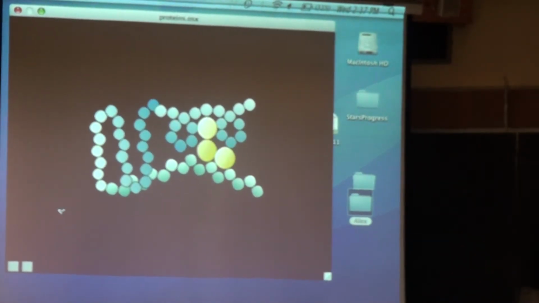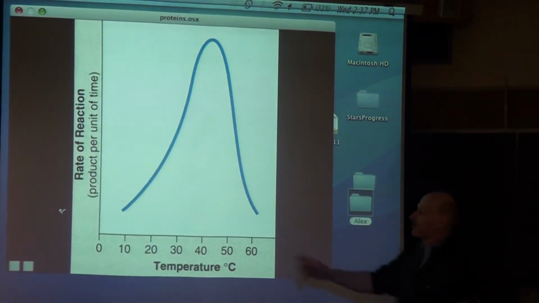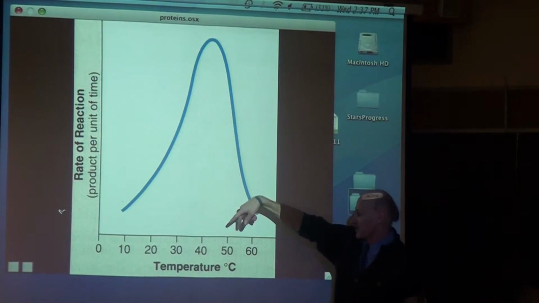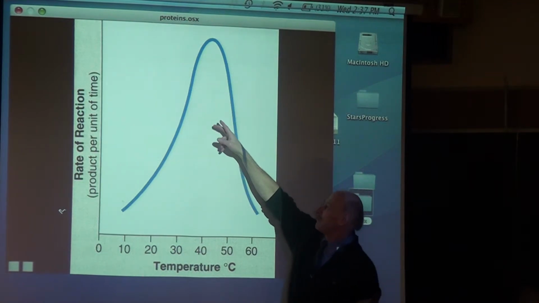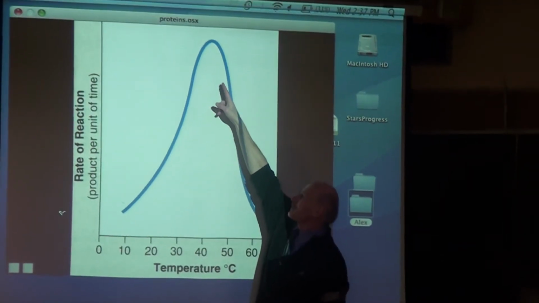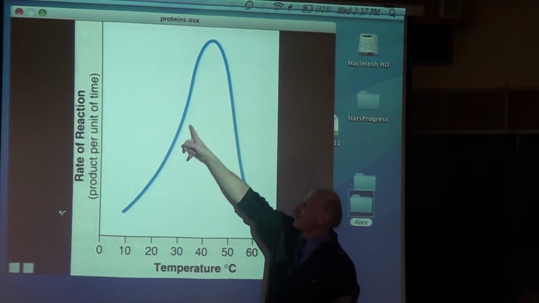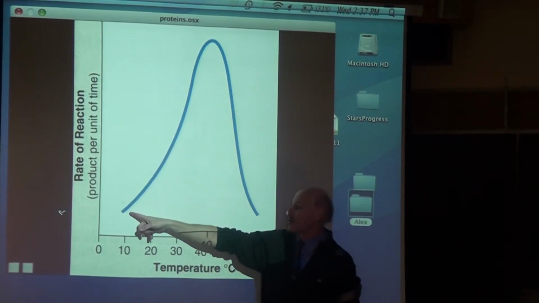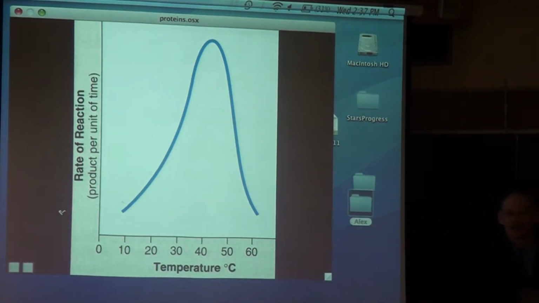Here's a graph showing for a particular enzyme the rate on the y-axis versus the temperature here on the x-axis. And so notice that there's a certain temperature that's optimum for this particular enzyme where it has its fastest rate. But if you go colder than that, the rate gets lower. And if you go warmer than its optimum temperature, the rate gets lower.